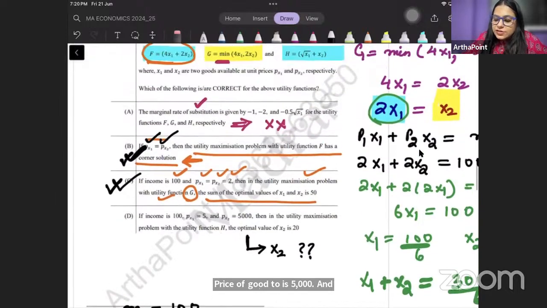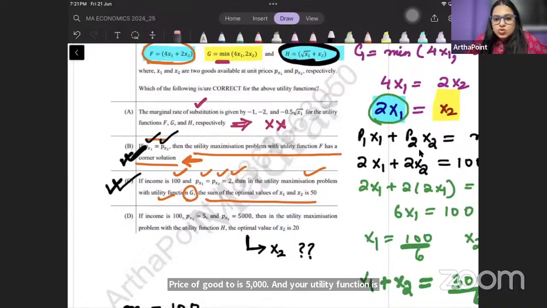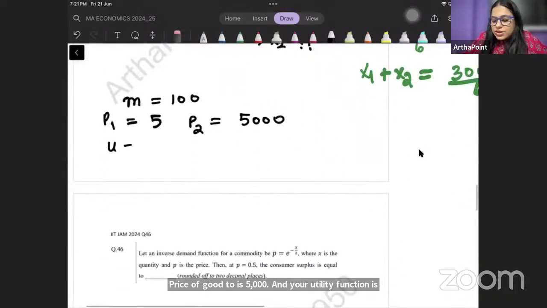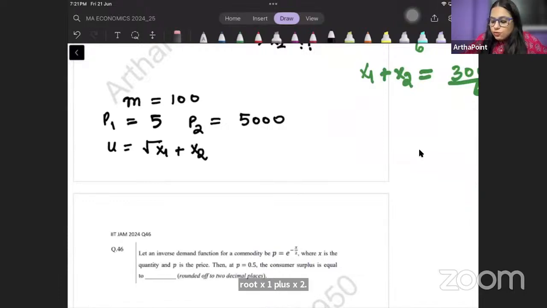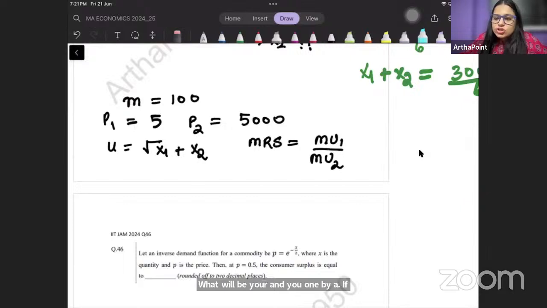And your utility function is root x1 plus x2. Look carefully. Your utility function is root x1 plus x2. What will be your MRS, beta? MU1 by MU2. If I differentiate it with respect to good 1, I am going to get 1 by 2 root x1.